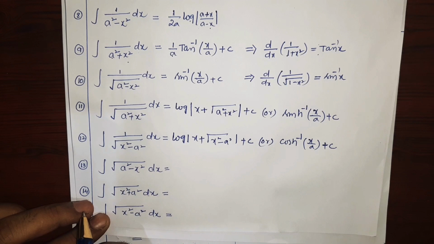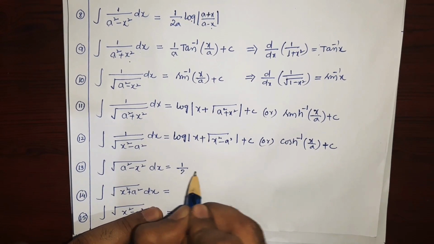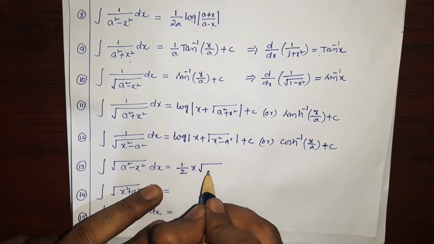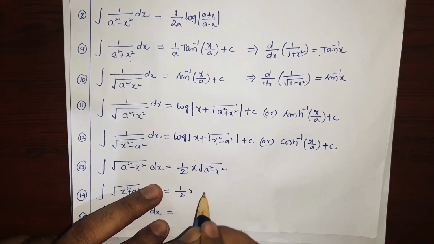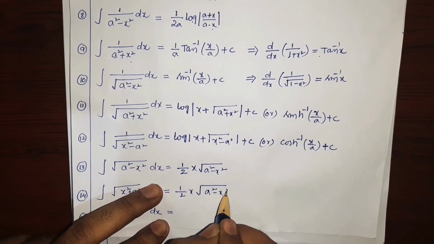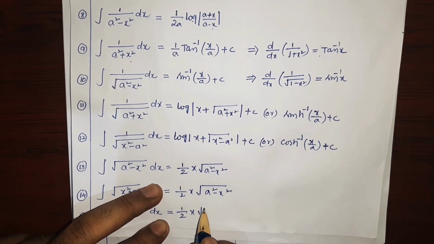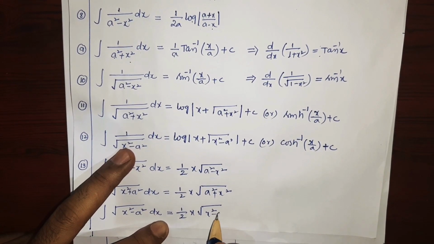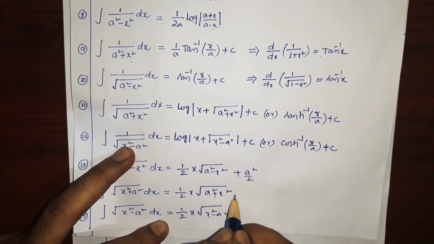Under root of a square minus x square is there. There is a logic behind these formulas. 1 by 2 x into under root of whatever function is given here, we will write the same function. Under root of a square minus x square, 1 by 2 x into under root of x square minus a square plus a square by 2.